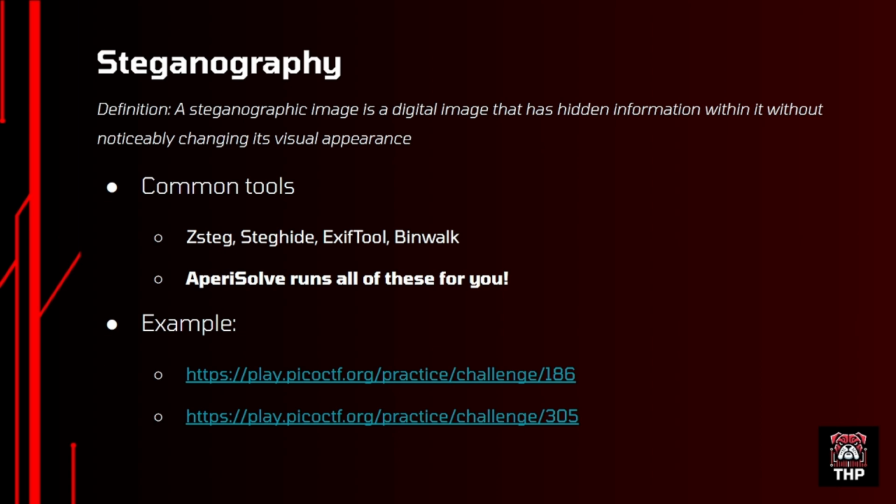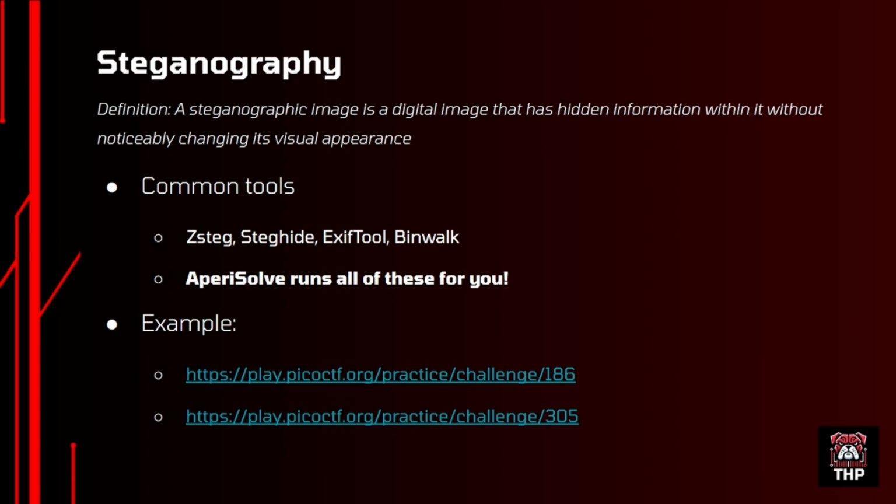One of the cool things about how steganography works when it comes to images is that it leverages least significant bit changes. Say you have some hidden information you're trying to put within an image. If you're familiar with hex codes for colors, you have FFFFFF, which is six Fs. That's going to be white.